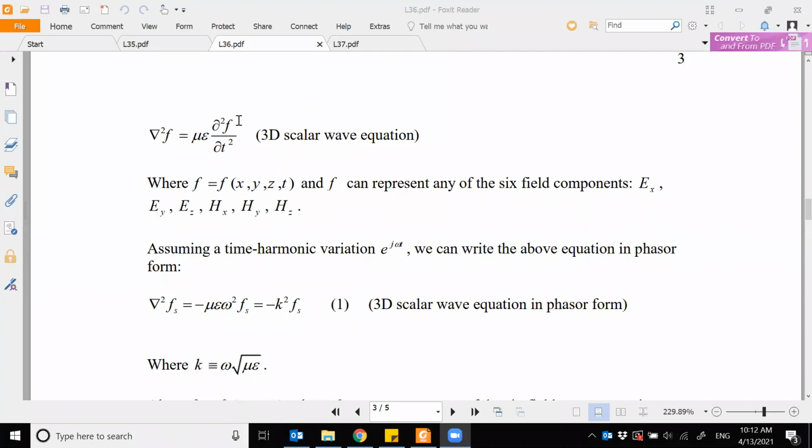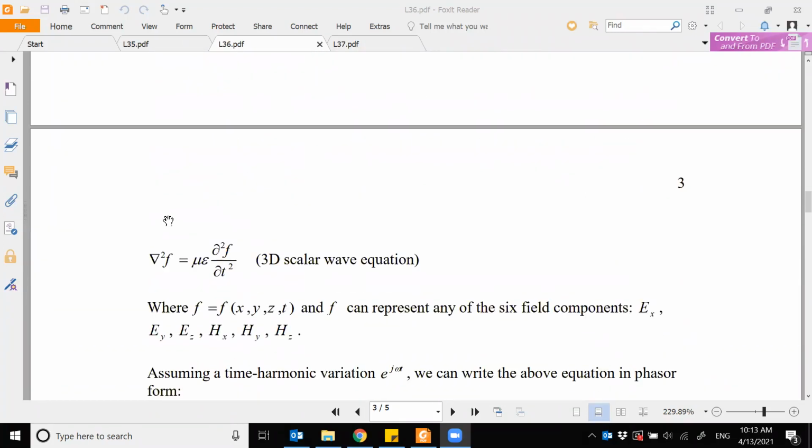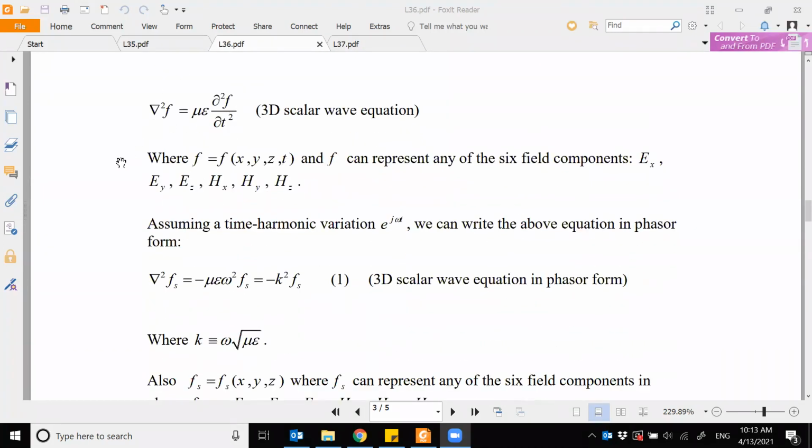Now, what we are doing, we are converting our wave equation, this 3D scalar wave equation, into frequency domain. Because we want to work in phasors, so that we can eliminate the time dependency. So therefore, we are assuming a time harmonic dependency of e power j omega t.